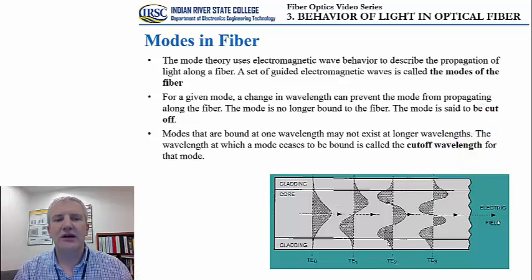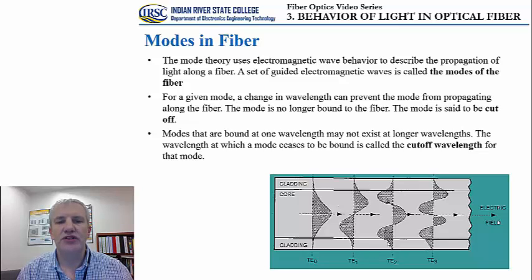It also turns out that each of these specific modes is very specifically determined by its wavelength. Modes that are bound at one wavelength may not exist at longer wavelengths. The wavelength at which a mode ceases to be bound is the so-called cutoff wavelength for that particular mode.